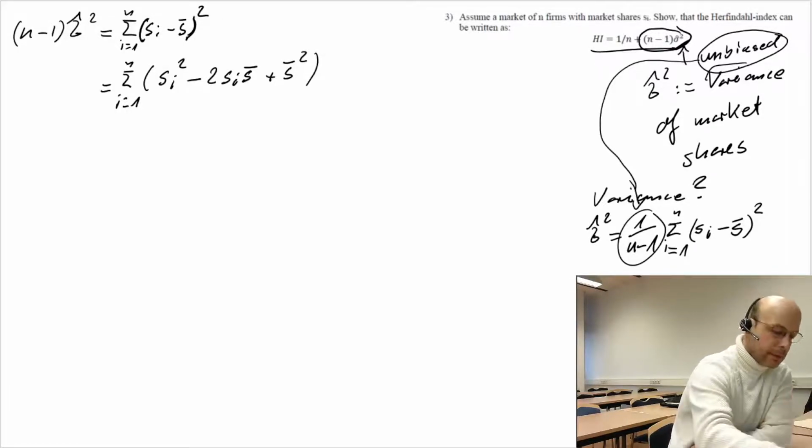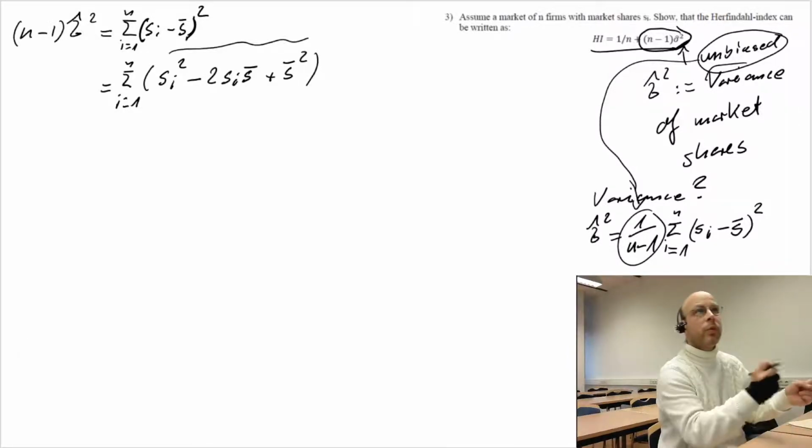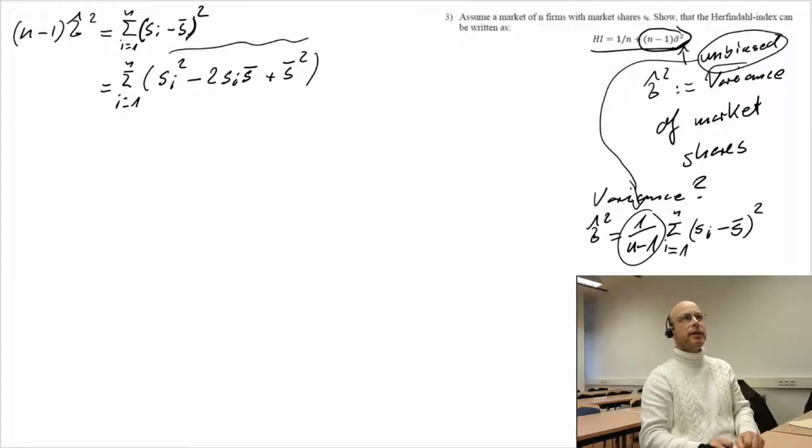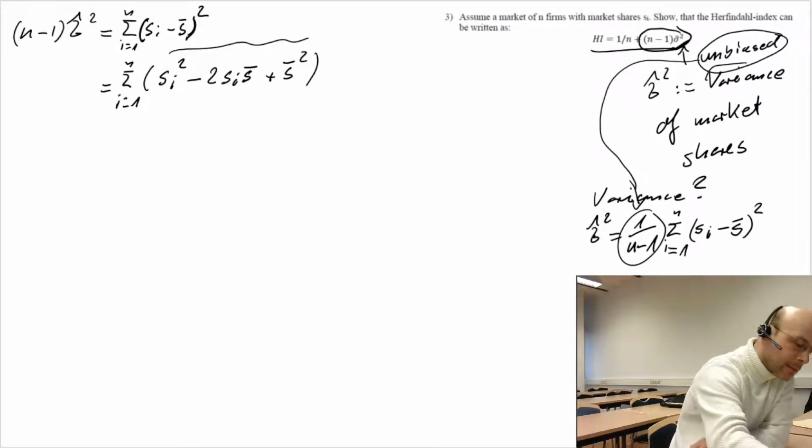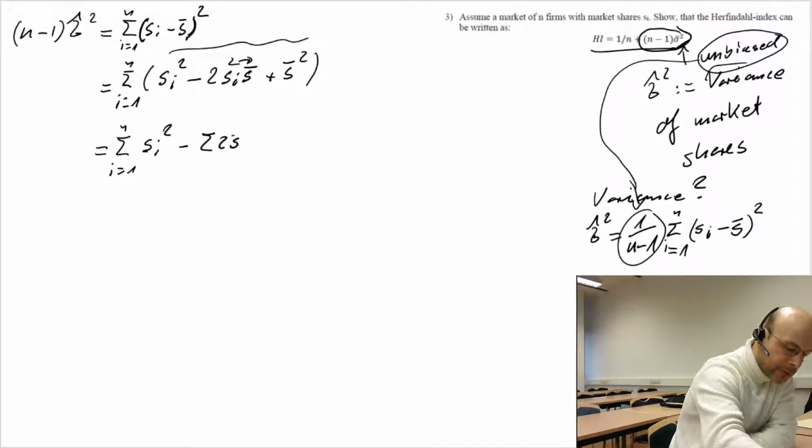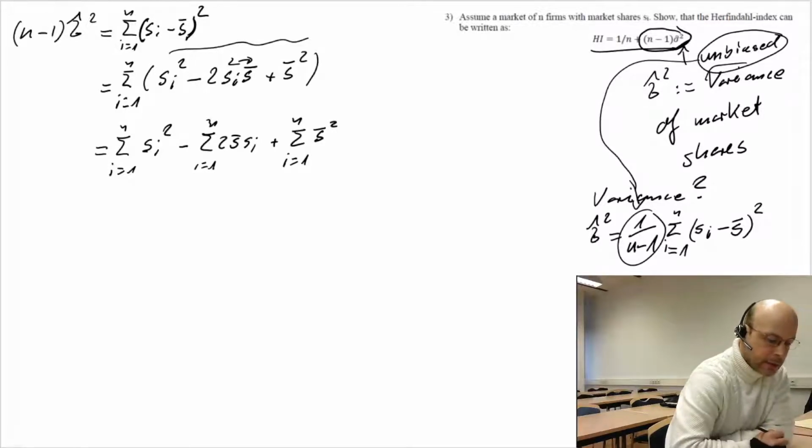Then the sum we can move inside, the summation sign within the sum. So we obtain the sum, i equals 1 to n, of Si squared minus the sum, and then I just interchange these two, S bar Si, plus the sum of S bar squared, i equals 1 to n.